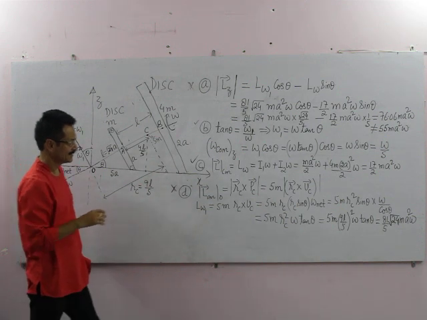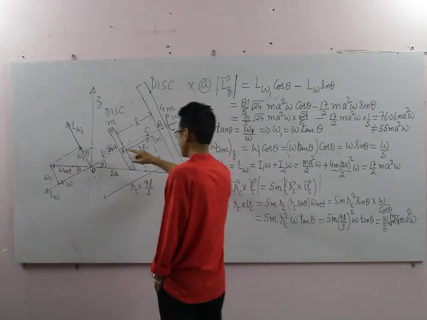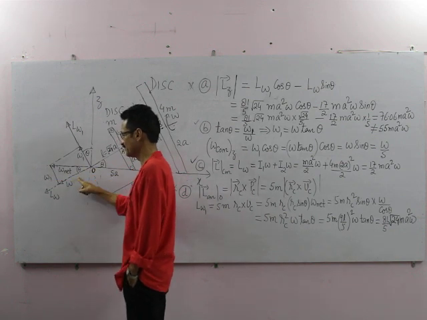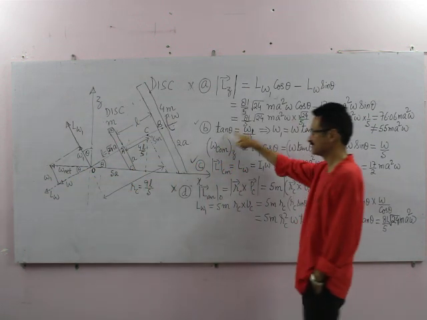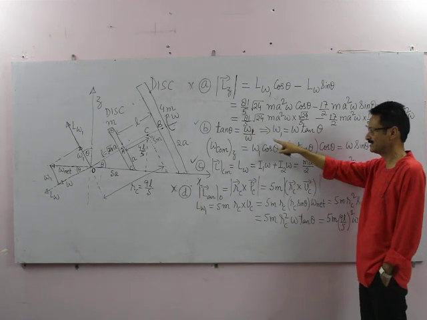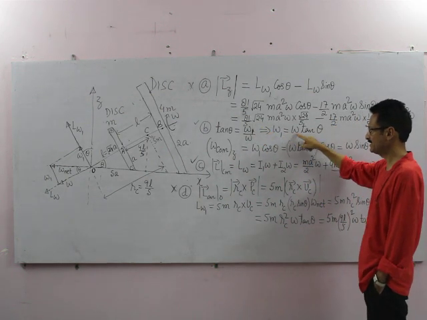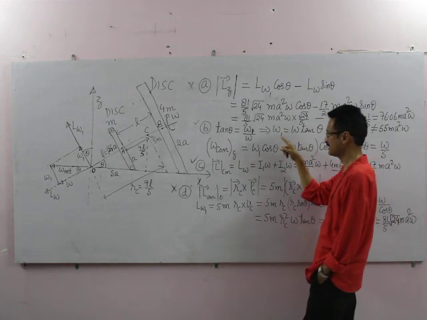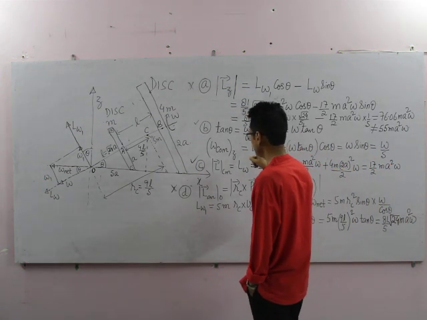Okay. Now if you consider this triangle, then tan theta will be omega 1 upon omega. I have written it here, tan theta equal to omega 1 upon omega. So omega 1 turns out to be omega tan theta. But we have to find the angular velocity.